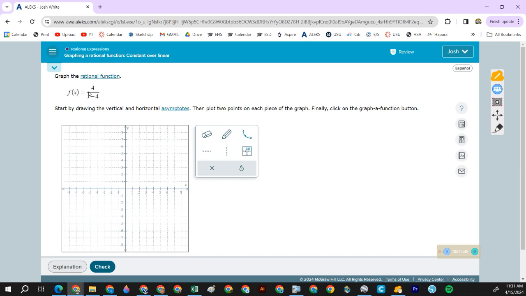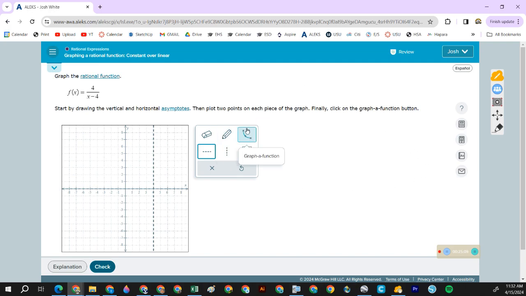All right, so graph the function. Well, I know that I have an asymptote at 4. So I'm going to draw a vertical line at 4. Also, the bottom has a stronger x than the top. So I have a horizontal asymptote at 0. Okay?